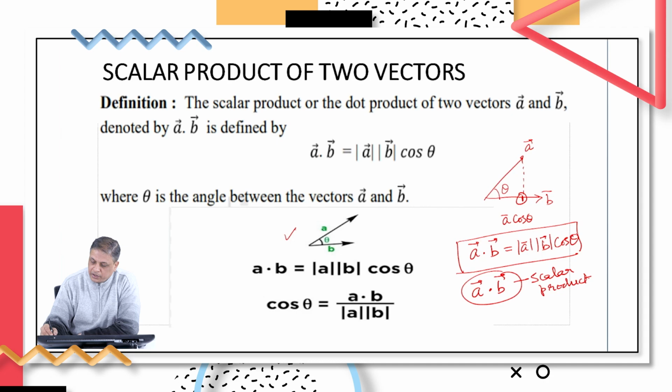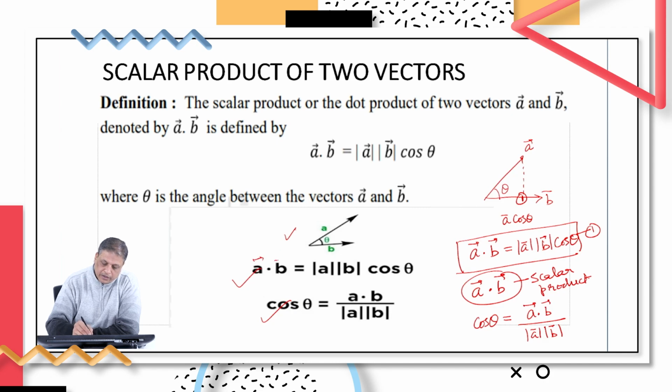Now, if we rearrange equation number 1, you can always get that the angle between the two vectors A and B, where theta is the angle subtended by vector A on vector B, will be given by vector A dot B vector divided by magnitude of A vector into magnitude of B vector. So this is the formula, and I hope you understood what a dot product is.